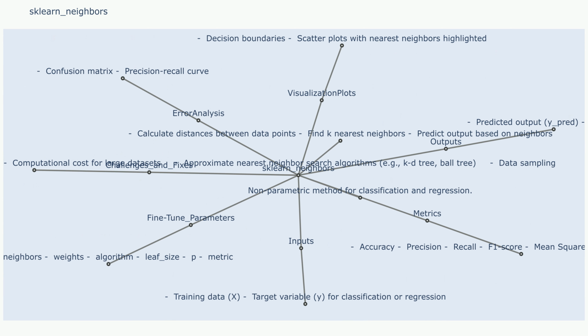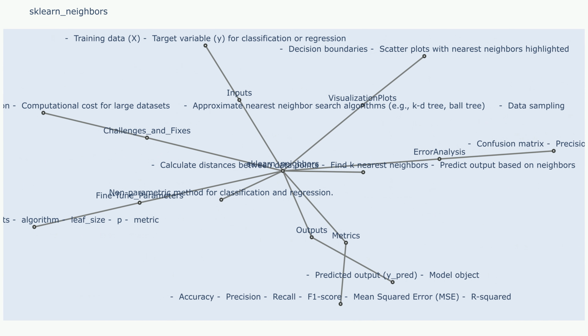Fixes to Challenge 5. Active learning. Actively select new data points for labeling that are most informative for improving the model's performance on unseen data. Data augmentation. Generate synthetic data points similar to existing training points to expand the coverage of the training dataset.